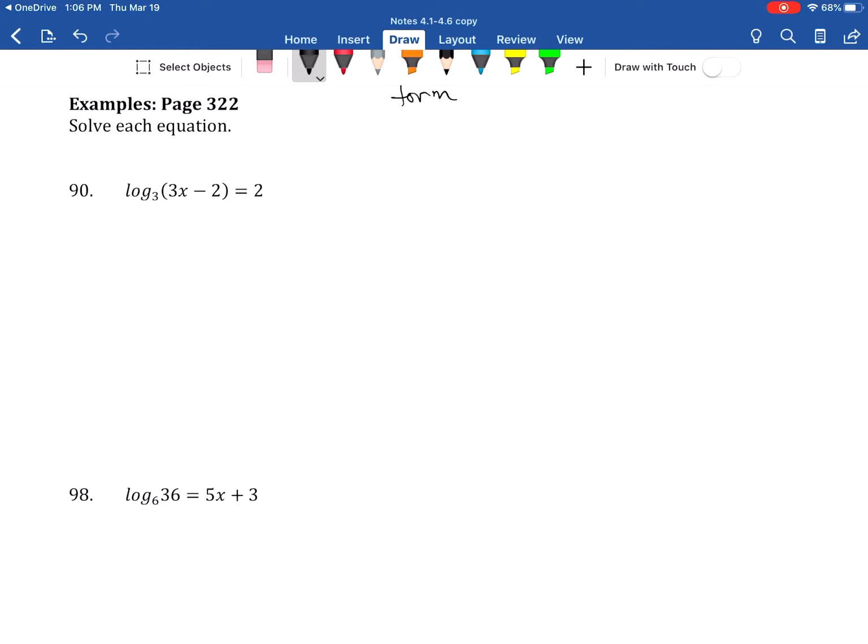I'm going to change this now to exponential form. So the base 3 goes to the power 2. 3 squared is 9. Now you notice that I no longer have a variable that's part of a log. I do not have a variable that's in the exponent. It's very easy to solve. Using algebra that we already know about, you end up getting 11/3.